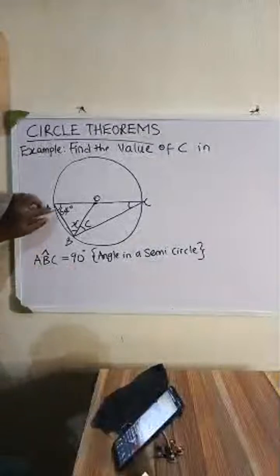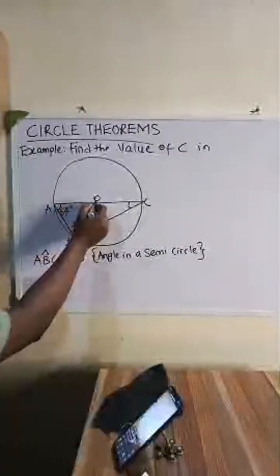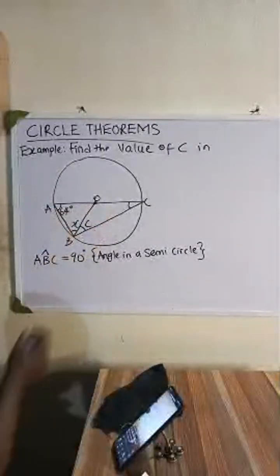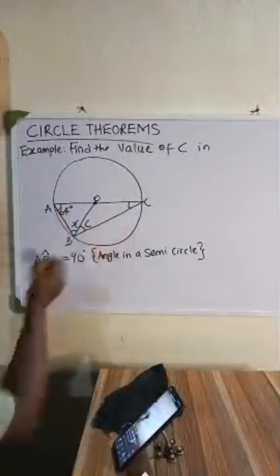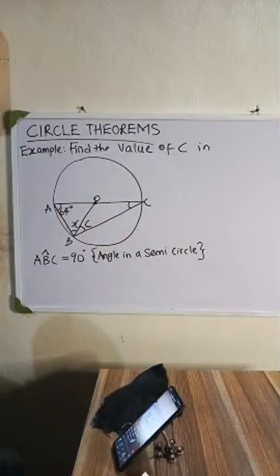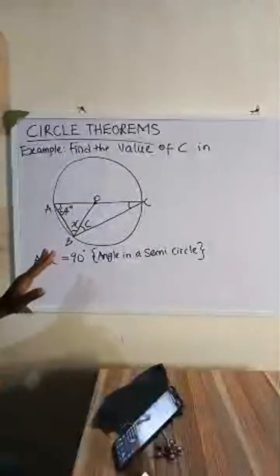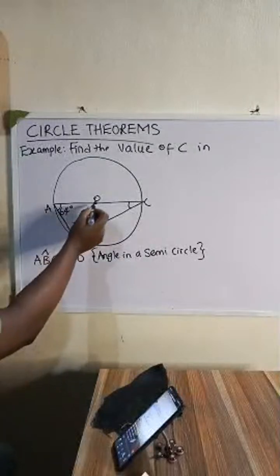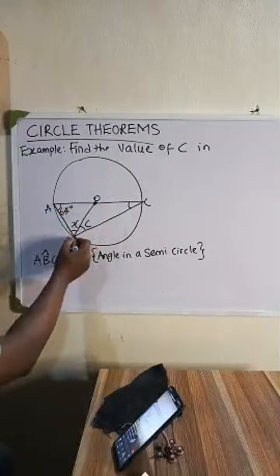But now, if you look at this angle here, we have 64 degrees. From O to A is a radius. From O to B is a radius. Remember, a radius is a line drawn from the center of the circle to any part of the circumference. So from O to A is a radius. From O to B is a radius.